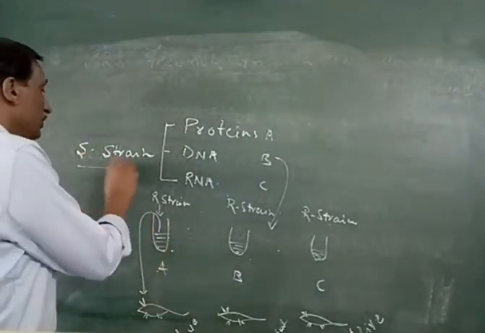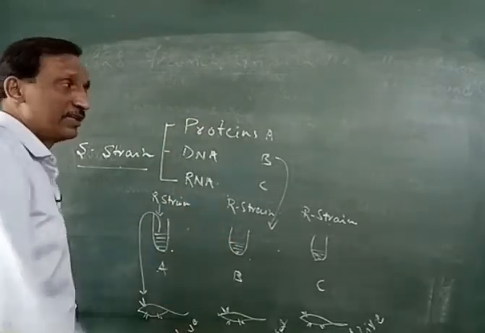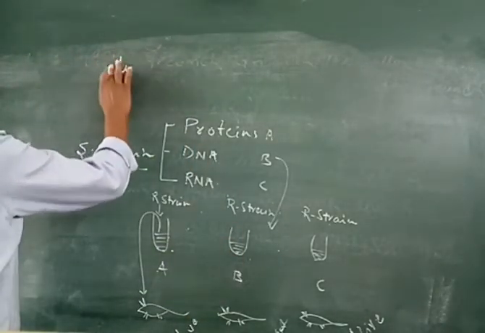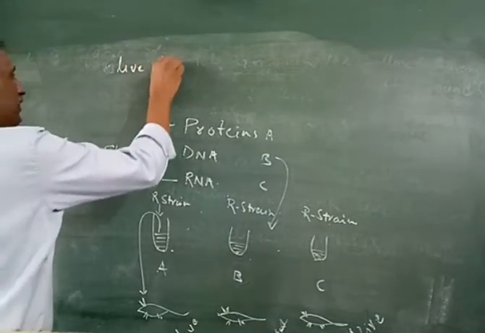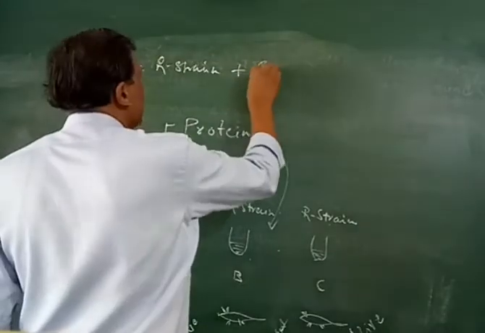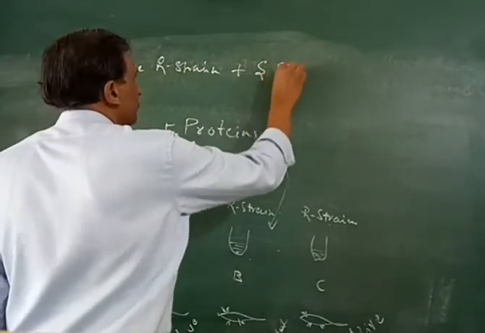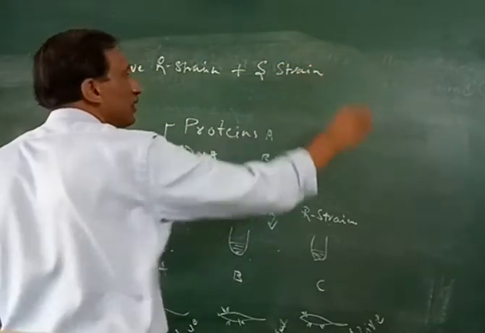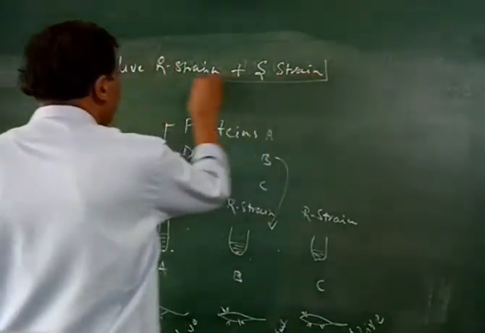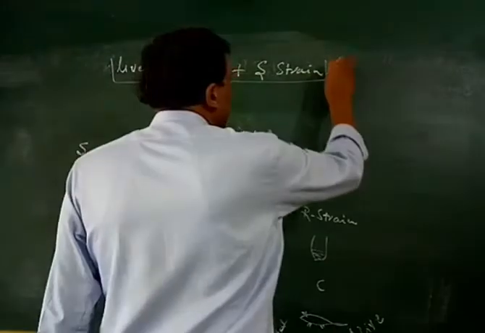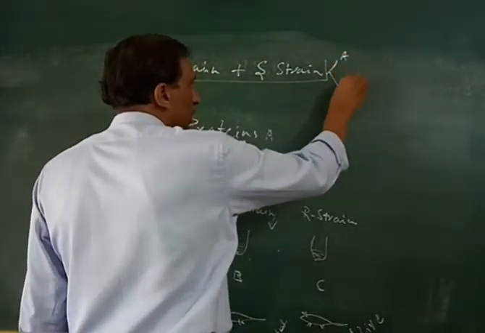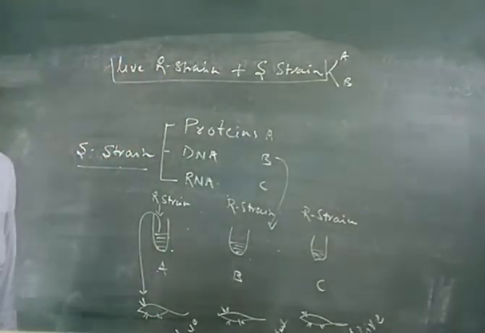What you do is take a mixture of live R strain plus S strain bacteria. Two samples were taken.